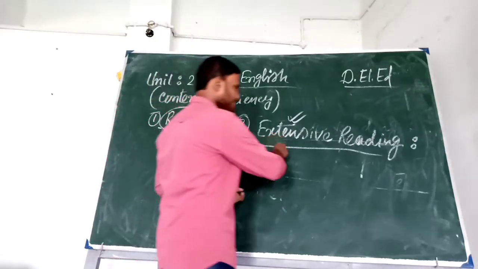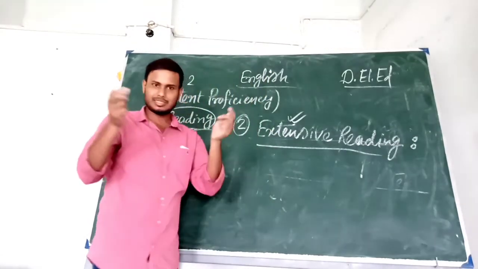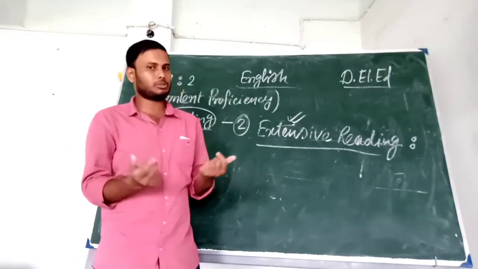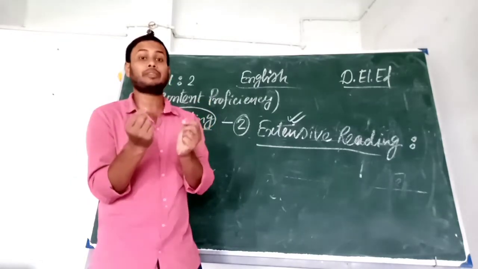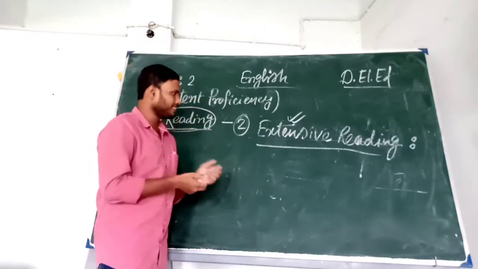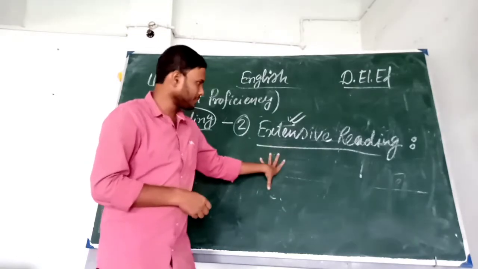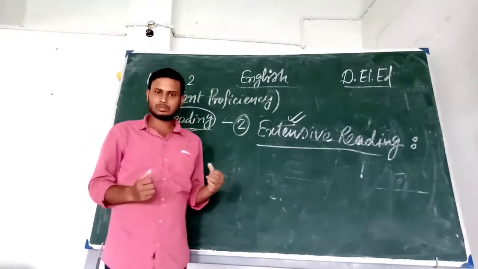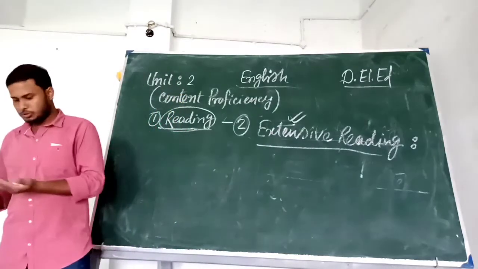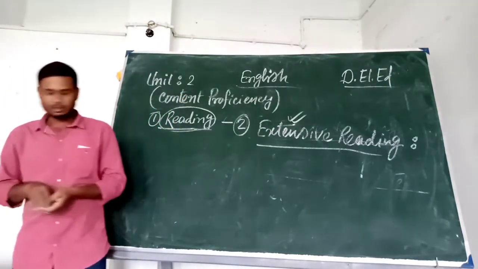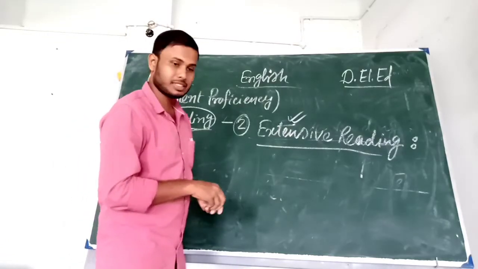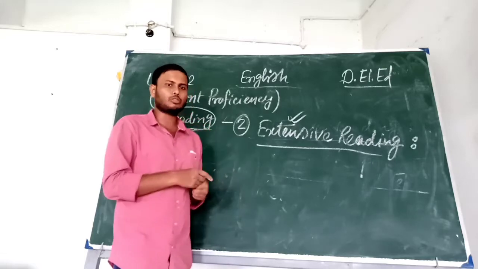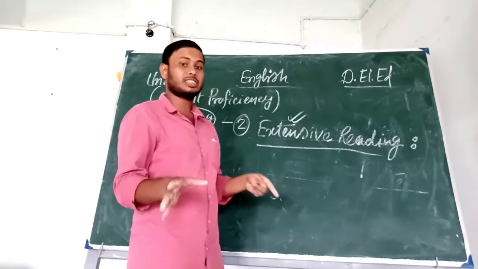We read it extensively for a general view. We read the headlines and thereafter we discuss. We go through the main points, and then we explain the things in our own way. Suppose in a newspaper, there are reports, there is children's literature. I told you that novels are in intensive reading, but they are in extensive reading.